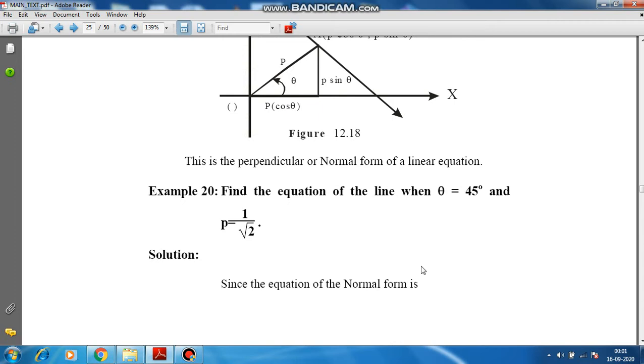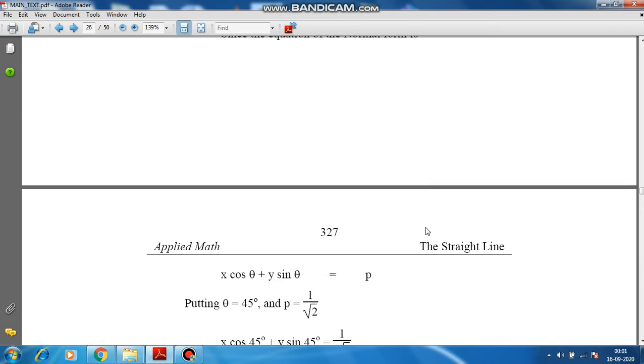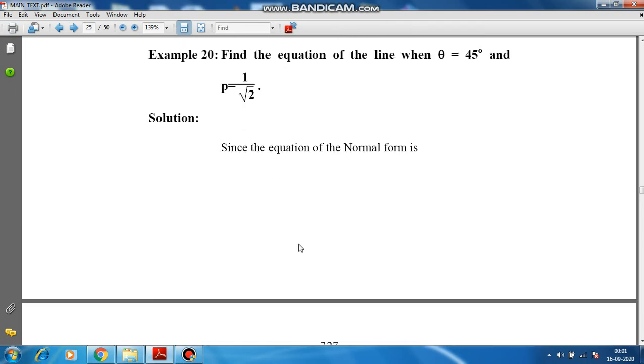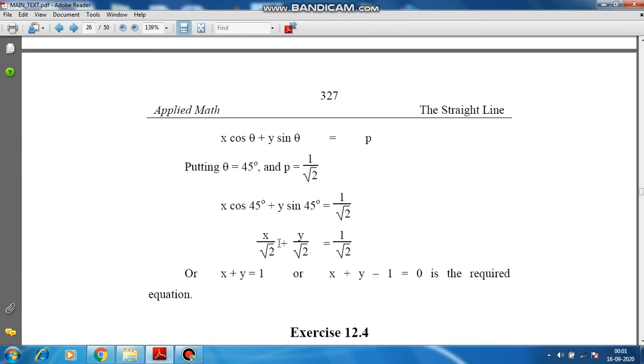Here is an example. Find the equation of the line when theta equals 45 degrees and p equals 1 by root 2. So x cos theta plus y sin theta equals p, where p is 1 by root 2 and theta is 45 degrees. Putting these values, we get x cos 45 degrees plus y sin 45 degrees equal to 1 upon root 2.